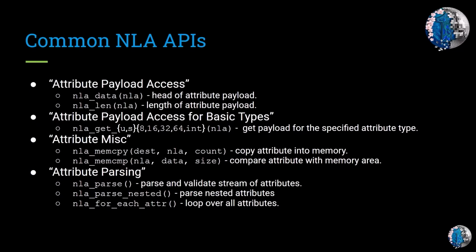So nla_data basically returns you a pointer to that payload buffer that you pass in the buffer. nla_len basically just returns you the length that you specified. There's a weird little caveat here that nla_len, the function definition itself returns an int, but as we saw in the previous slide, the actual value for the length is a u16.